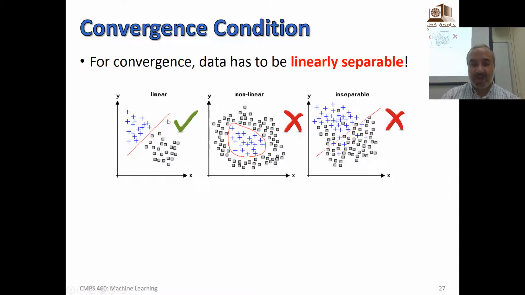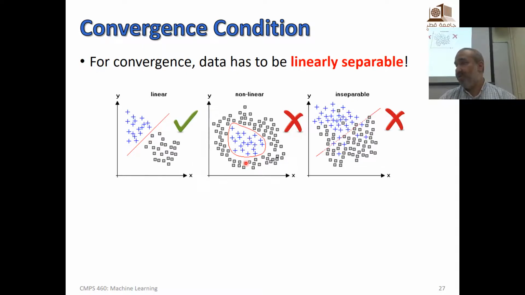Linearly separable data is shown here in the left side example, which means that we can find a hyperplane that separates perfectly the positive examples from the negative examples. Linearly separable means that it can be separated by a line or, in general, a hyperplane. This one is not linearly separable. We call it linearly inseparable. We cannot find a line here in 2 dimensions that can separate the positive from the negative examples.